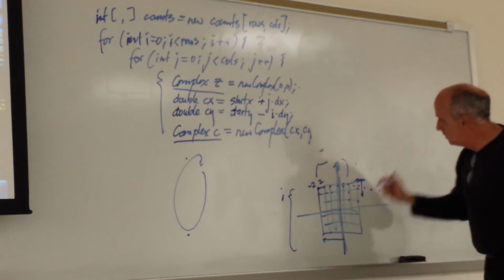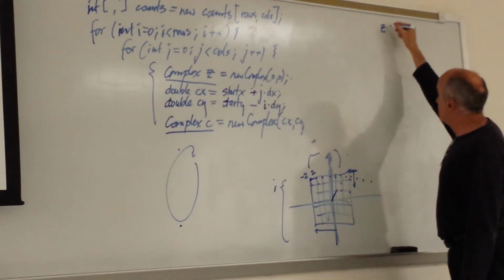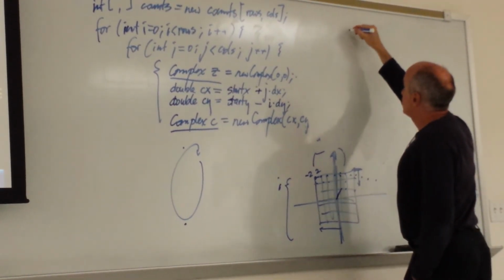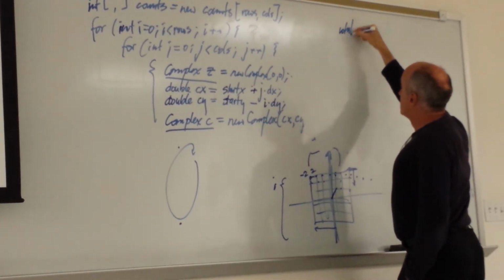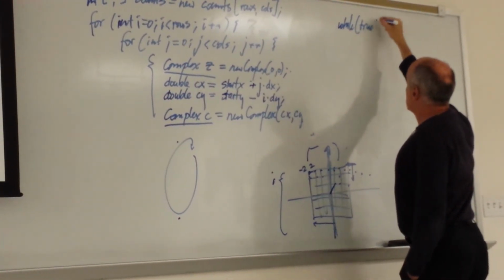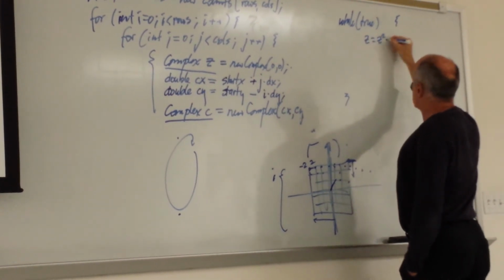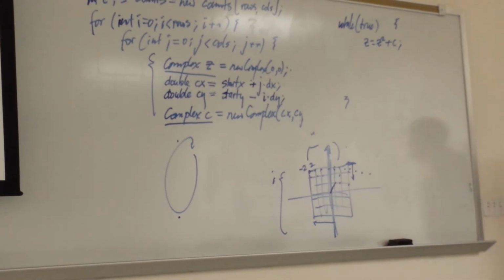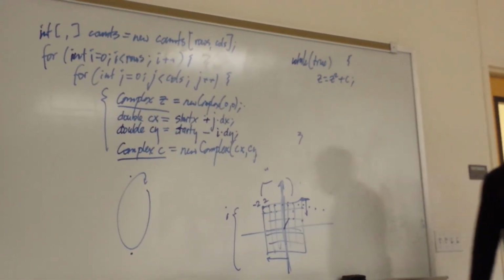So if we zoom in on any one point, the equation that we're using, right, in complex arithmetic, you calculate z squared plus c, and that becomes the new value of z.